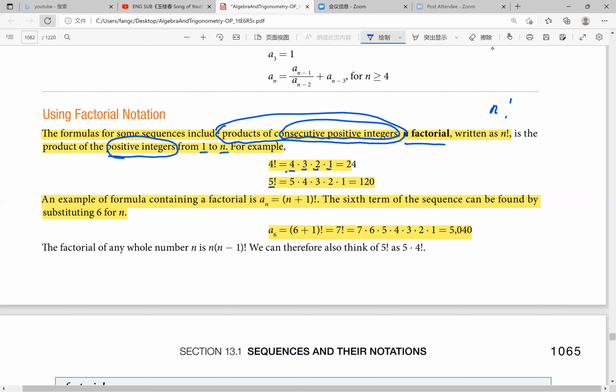So 5 factorial is 5 times 4 times 3 times 2 times 1, which is 120. So how to define n factorial? N factorial is the product from n and the consecutive positive integers n minus 1, n minus 2, continuing to 1.